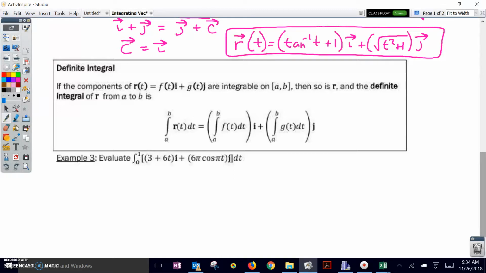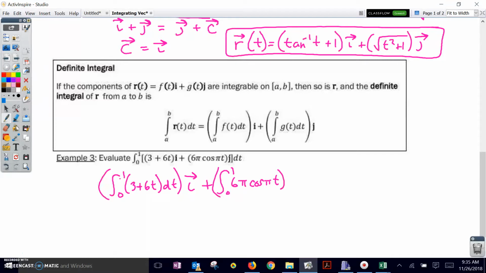And so to evaluate the definite integral from 0 to 1 of this vector-valued function, it's just going to be the integral from 0 to 1 of 3 plus 6t dt i, plus the integral from 0 to 1 of 6 pi cosine of pi t dt j.